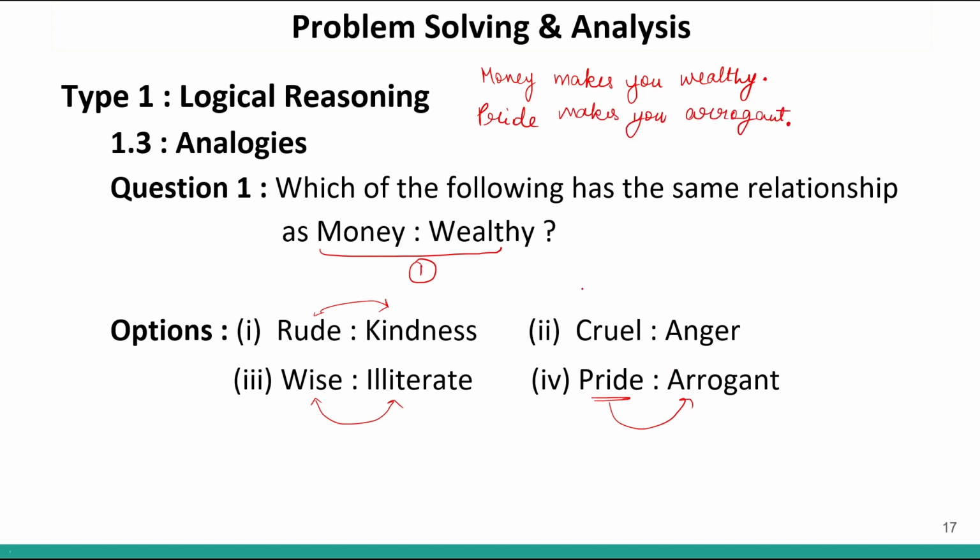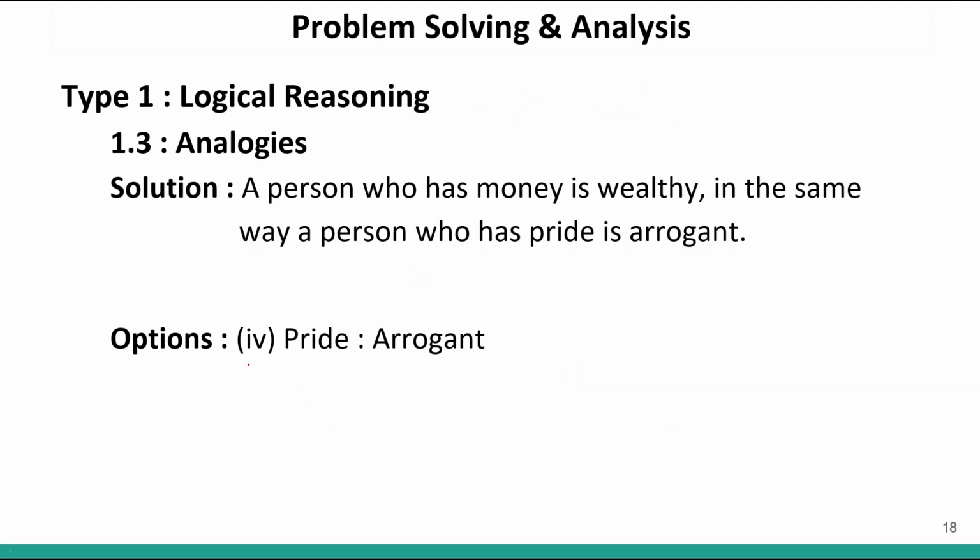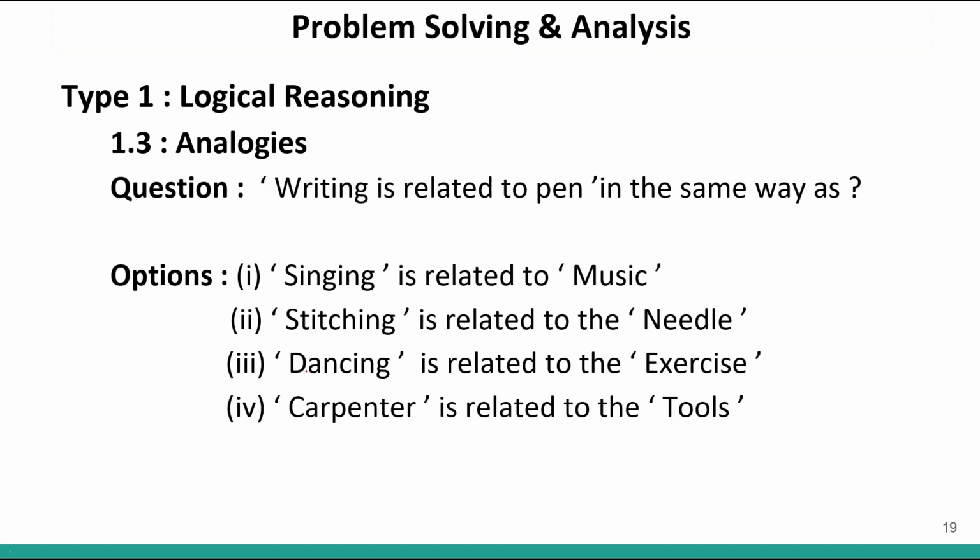No. If we had something like this, cruelty makes you angry or anger makes you cruel, then it would have been correct. But here, the correct answer will be option number 4, that is pride makes you arrogant. So option number 4 will be your correct answer.